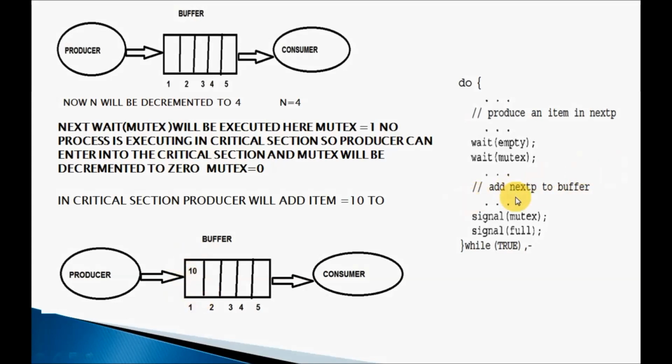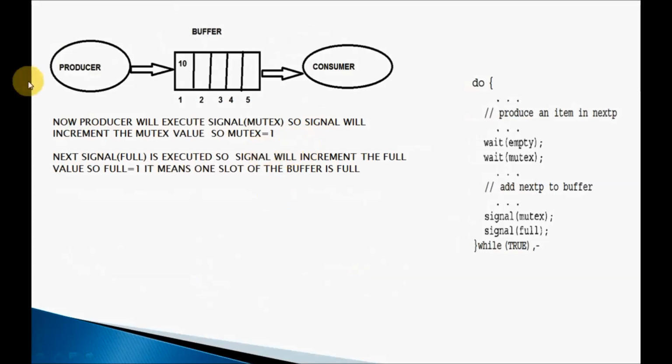Remember, the producer is still in the critical section. What is the next statement? Signal of mutex. Now 10 is there, so your buffer will look like this: the first element is 10. Now the producer will execute signal of mutex. Signal means you are going to increment the value.